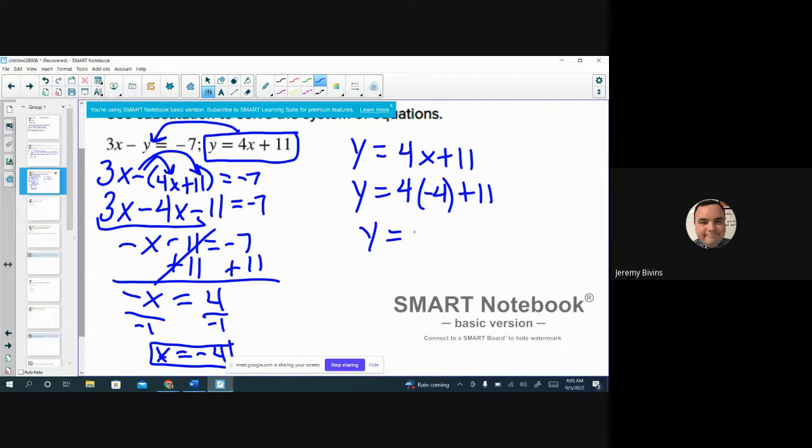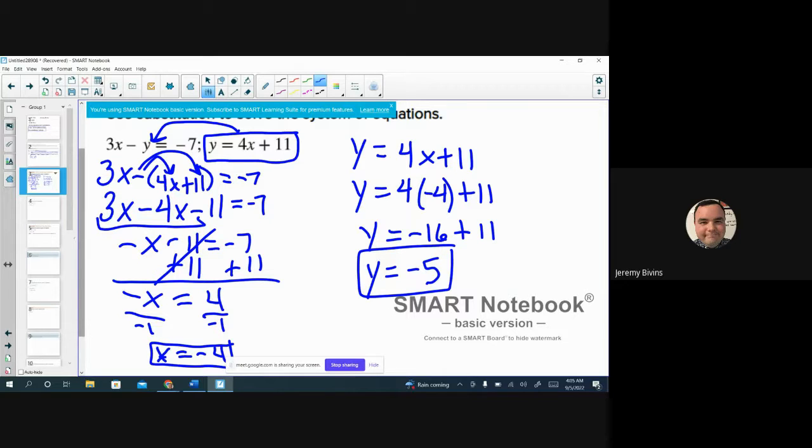So 4 times -4 is -16 plus 11. And I believe y equals, it's going to be a negative, and -16 plus 11 is -5. I'm going to put that in a box.